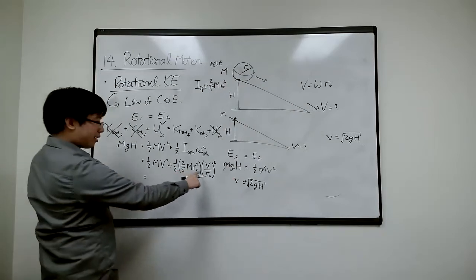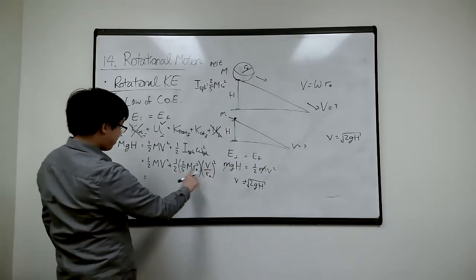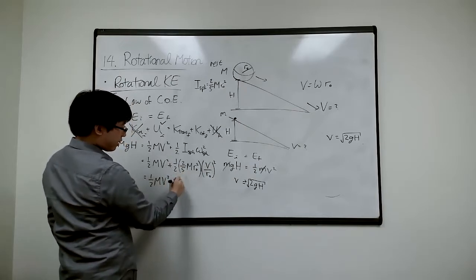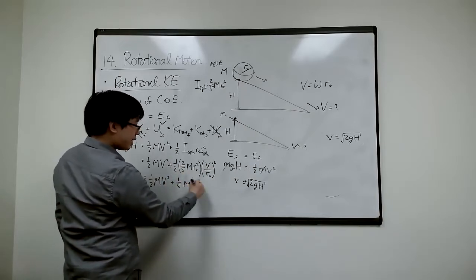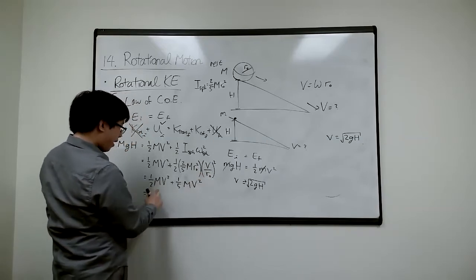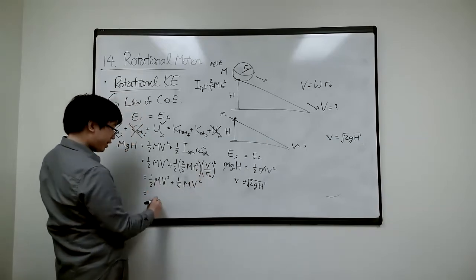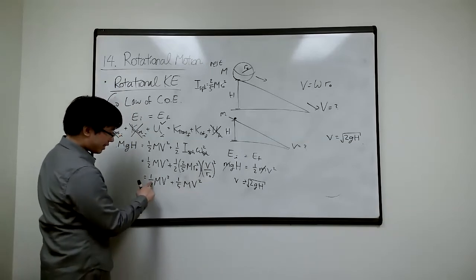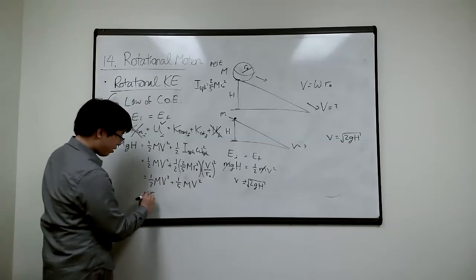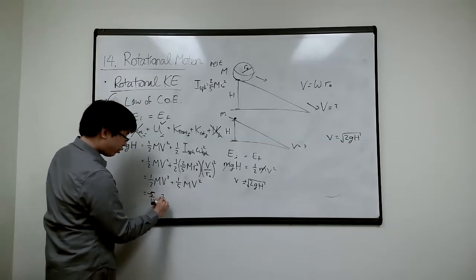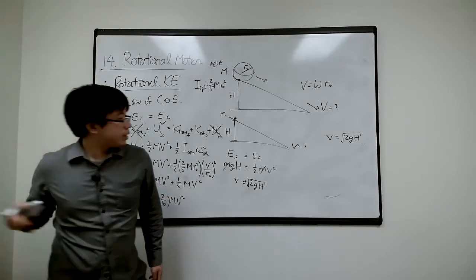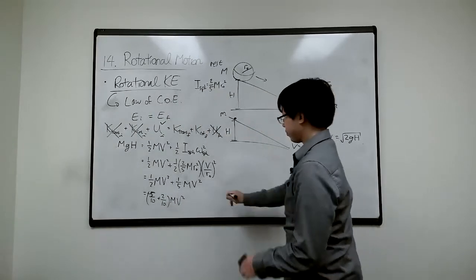All right, so we will simplify this mess. 1/2 M V squared plus 1/2 times 2/5, so this is 1/5 M, and the r0 squared cancels, leaving V squared. That gives 1/2 plus 1/5 times M V squared. So this is 5/10 and this is 2/10, which gives 7/10 M V squared.